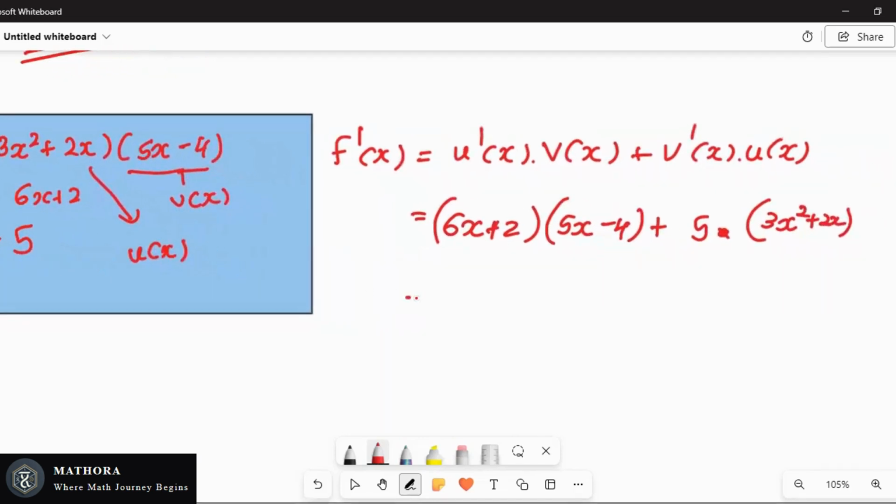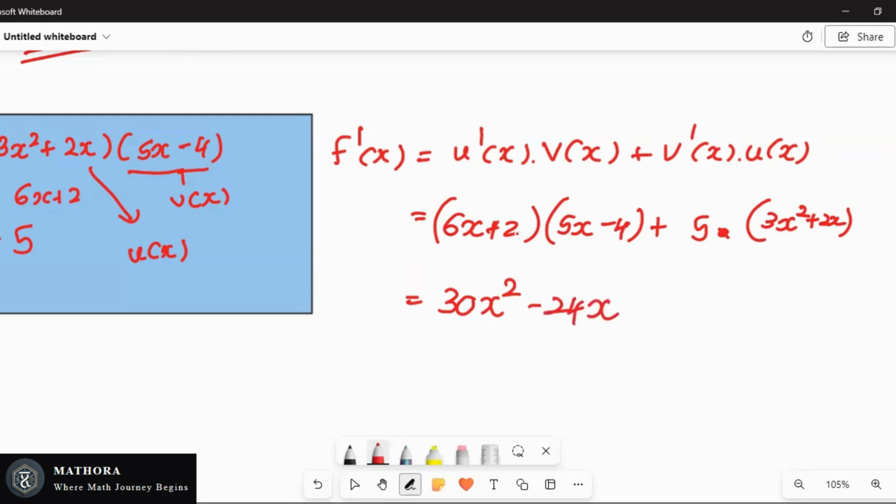Okay, now we need to simplify this. As you all know, we have to solve this. So 6x times 5x, that means 6 times 5 is 30, and x times x means x to the power of 2, and then again 6x times minus 4 means minus 24x.